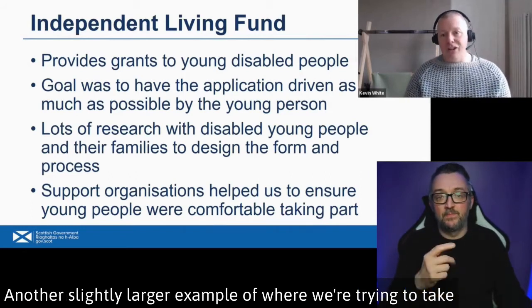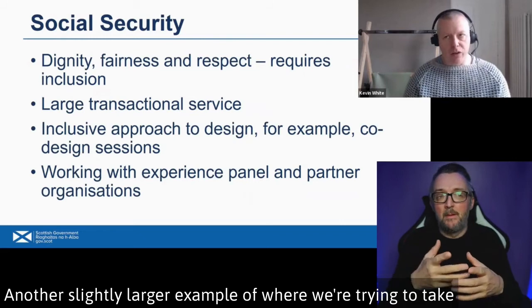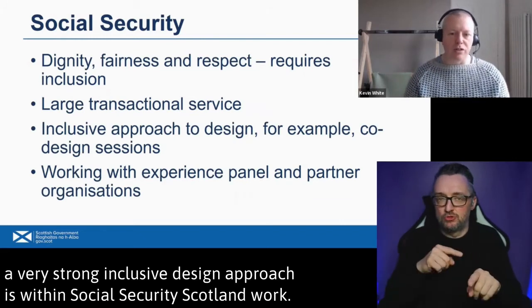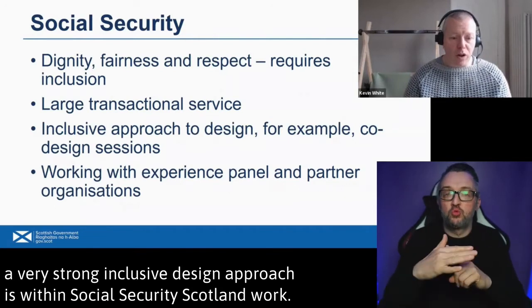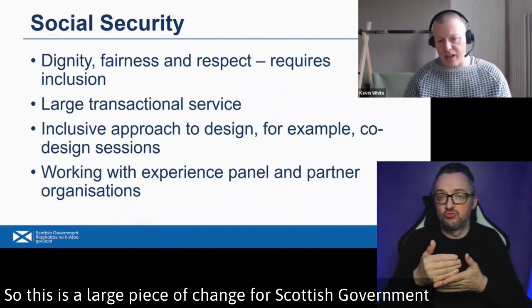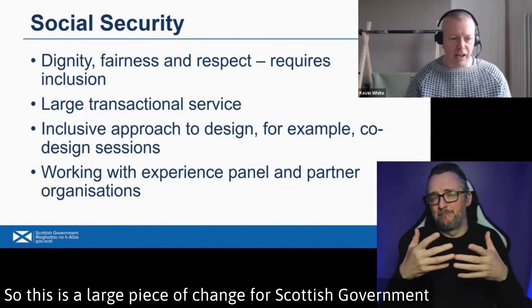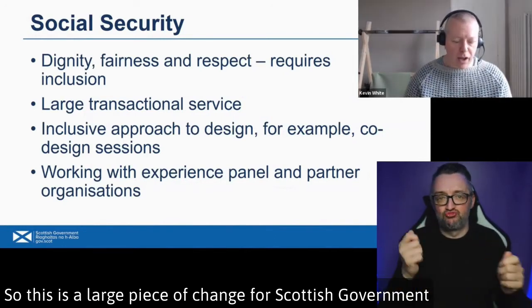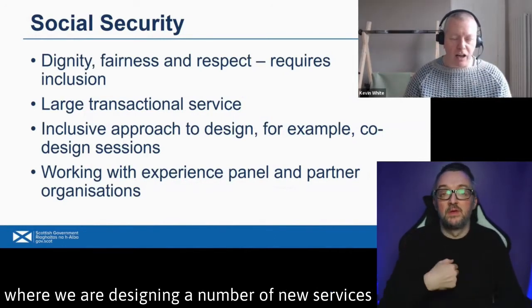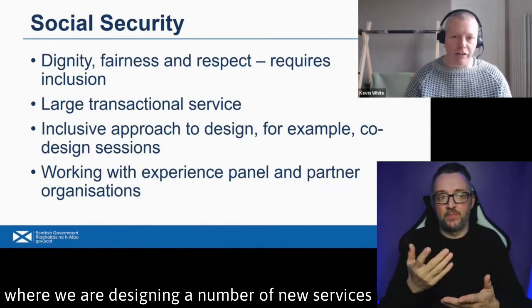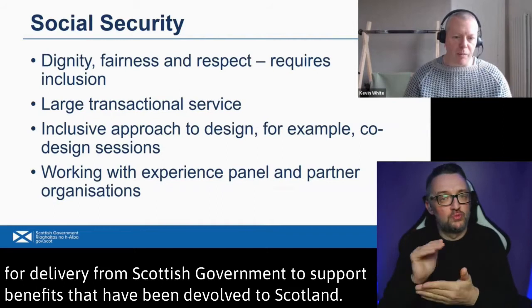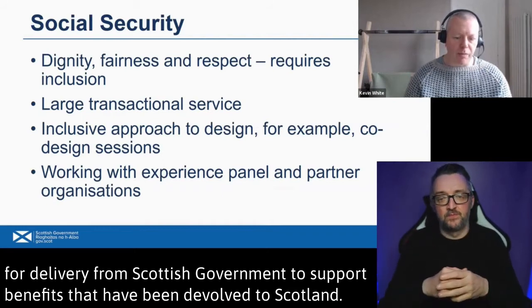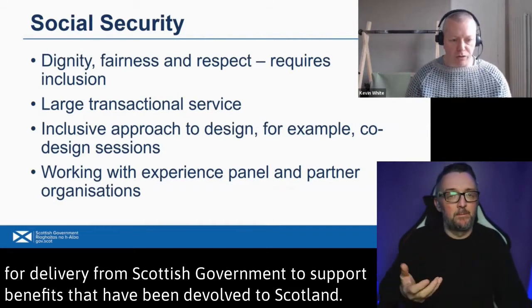Another slightly larger example of where we're trying to take a very strong inclusive design approach is within the Social Security Scotland work. This is a large piece of change for Scottish Government, where we are designing a number of new services for delivery from Scottish Government to support benefits that have been devolved to Scotland.